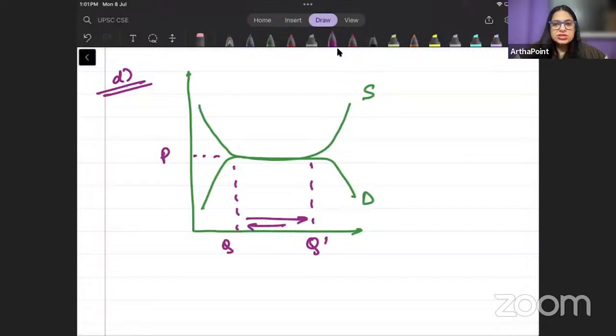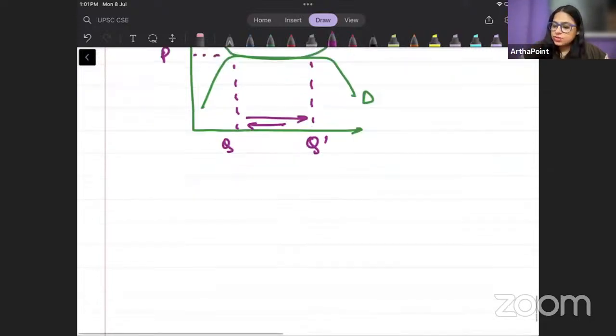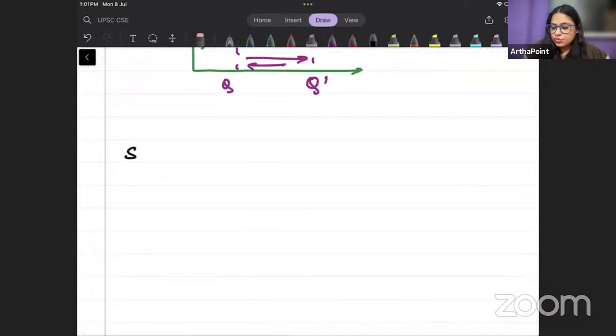Now the question is that whether I have a unique equilibrium or multiple equilibrium, am I talking about a stable equilibrium or not? So how do I define stability of an equilibrium? What is a stable equilibrium?